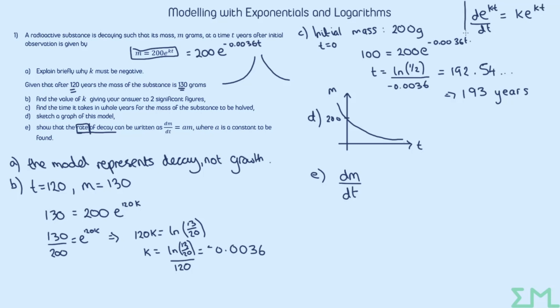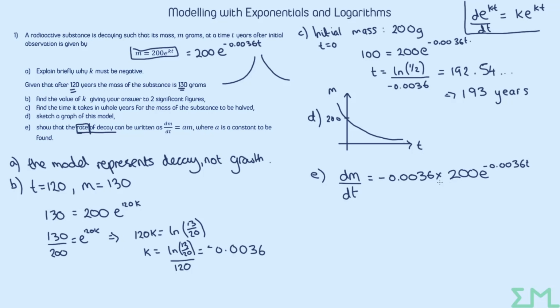Just a little reminder up there. So dm/dt, therefore, will be, we bring down the constant in front of the t here, so negative 0.0036 times 200 e to the negative 0.0036 t.